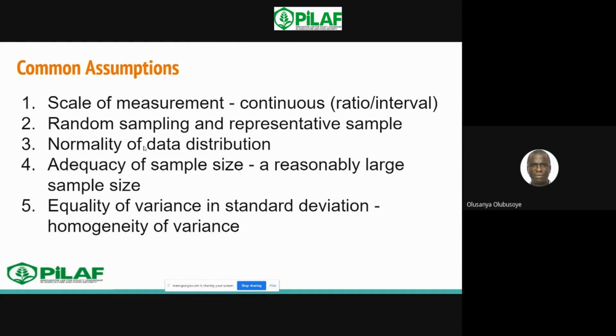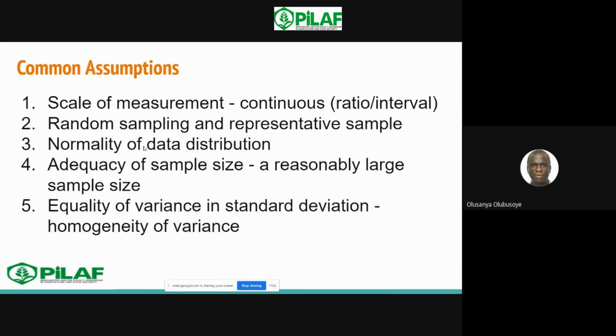So one is that before you can use the t-test or the normal test, the variable of interest must be on a continuous scale. So you know about the 4 levels of measurement: the nominal, the ordinal, the interval, and the ratio.